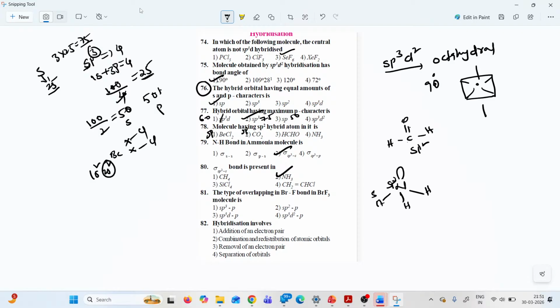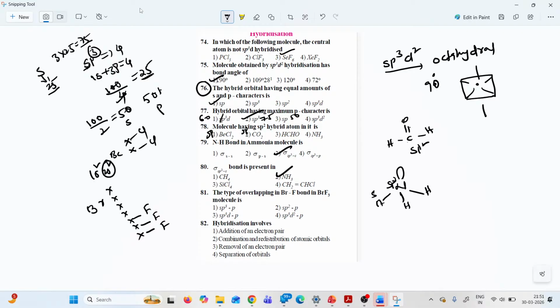The type of overlapping in the Br-F bond in the BrF3 molecule. Br has 7 electrons: 1, 2, 3, 4, 5, 6, 7. F3 means 3 fluorines.